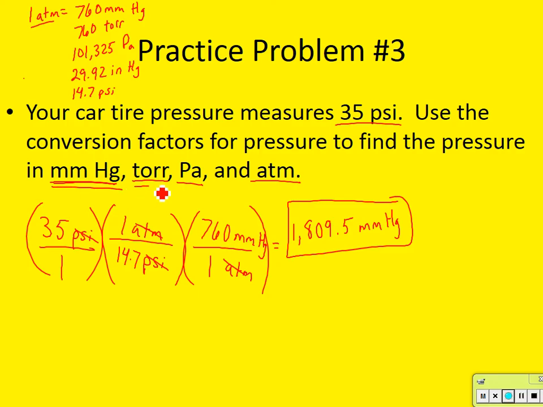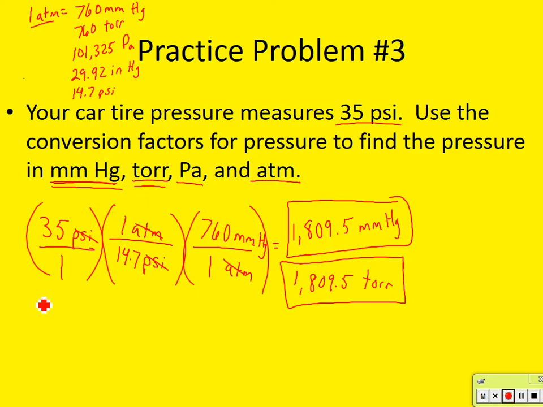What would it be for torr? Same thing. You could go through all these conversion factors again, but 760 millimeters of mercury is also the same thing as torr. So isn't it going to be 1,809.5 torr? Just to save some time. Now let's go to pascals.